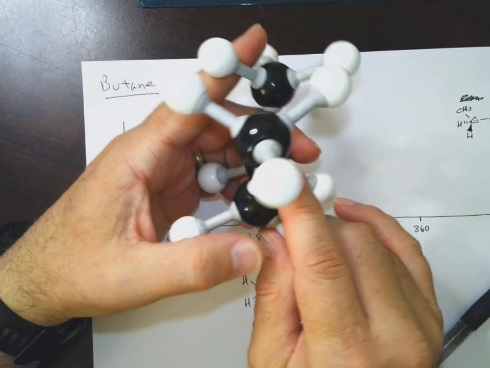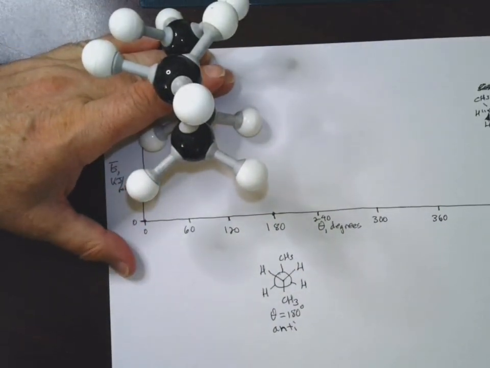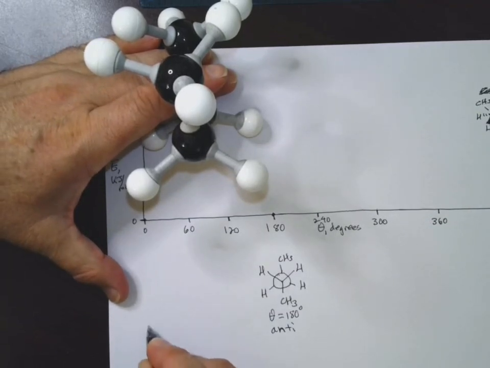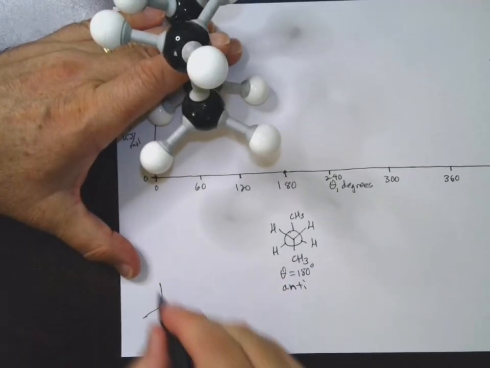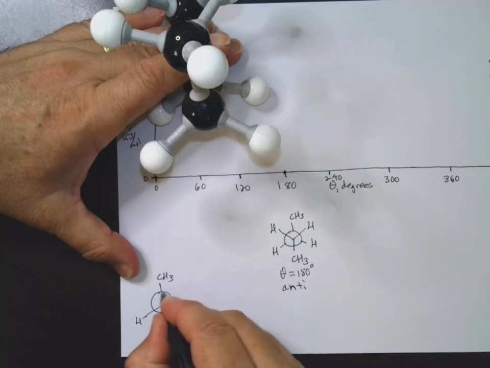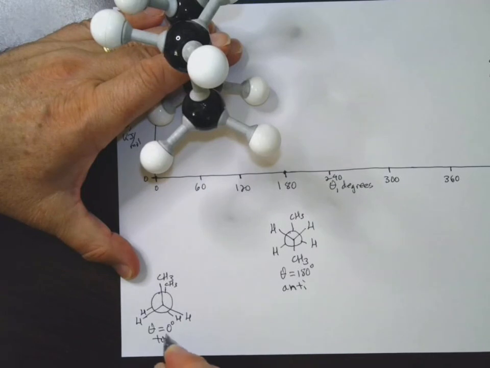So at 0 degrees for our dihedral angle, it's going to look something like this. Let me put it on screen. Sorry about that. CH3. A little hard to see some of these guys here. So this is theta equals 0 degrees, totally eclipsed.